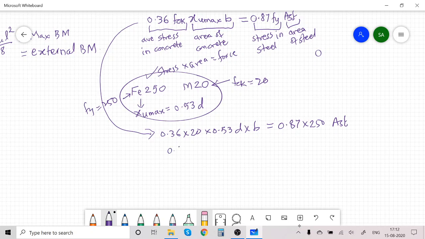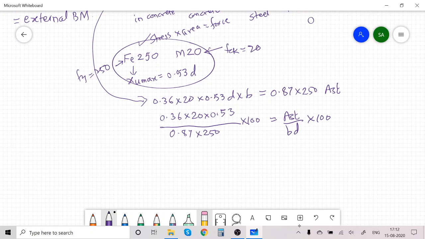Now, 0.36 into 20 into 0.53 divided by 0.87 into 250 is equal to AST upon BD, and for percentage I will multiply both sides by 100. If you calculate this, AST upon BD into 100 is equal to 1.76.